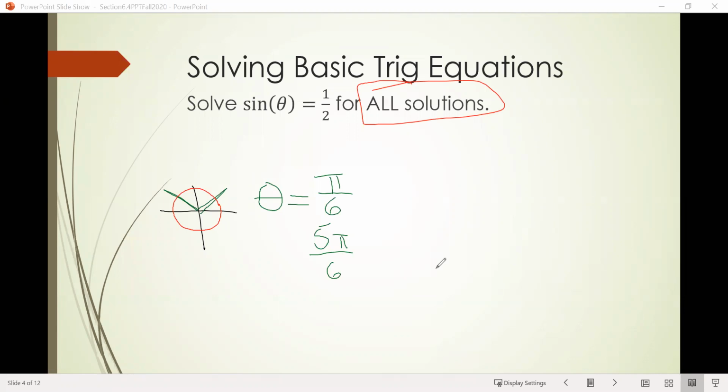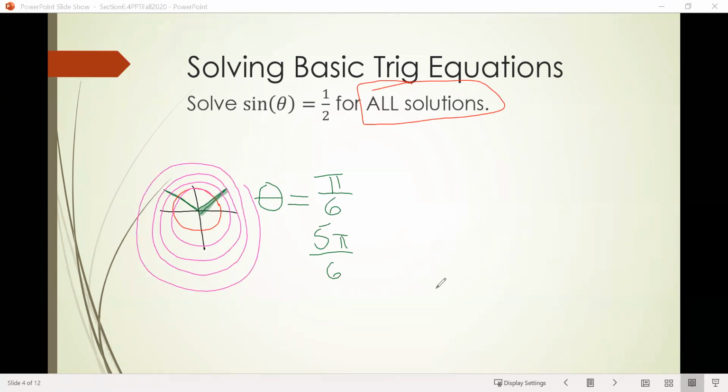And we have a similar situation here because if we start at pi over 6, we could be doing many revolutions going around the circle, stopping at that same place every time. And every time we stop, we would get a new coterminal angle that has the sine of 1/2.